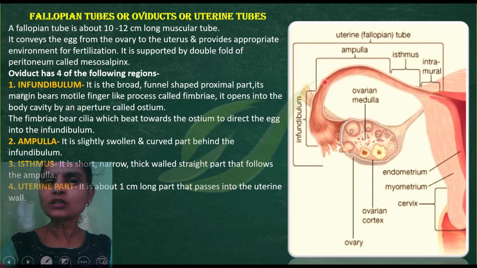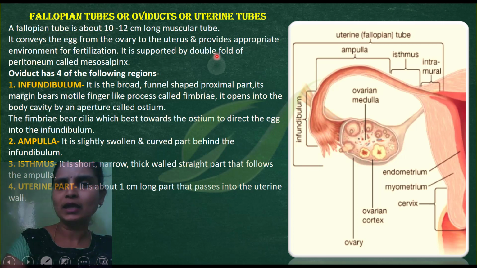The fallopian tube is also called the oviduct or the uterine tube. In the uterine tube the fertilization takes place, and it will send the zygote and the developing embryo into the uterus. The next part is called the uterus, for further development.